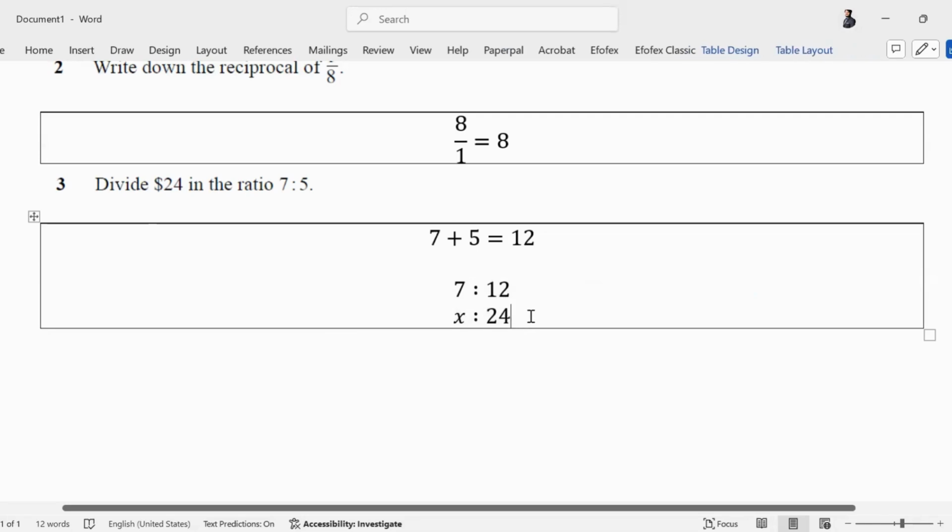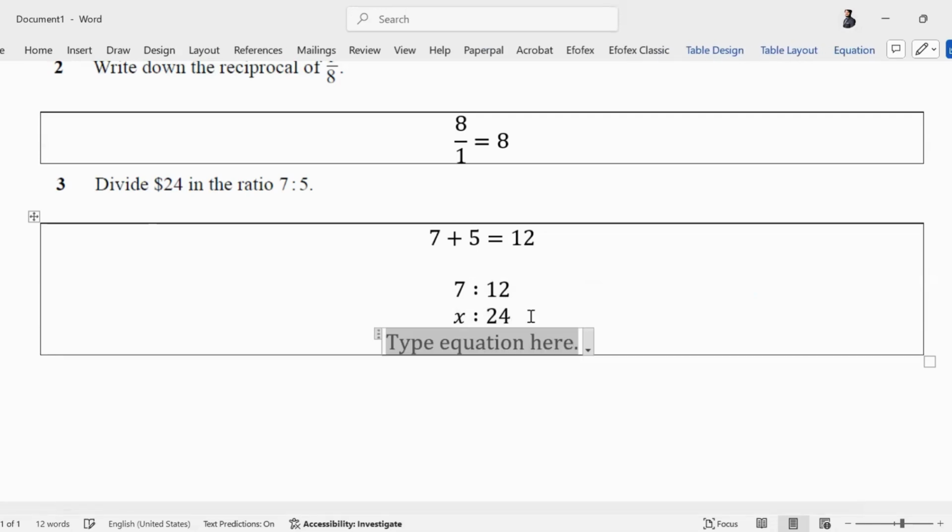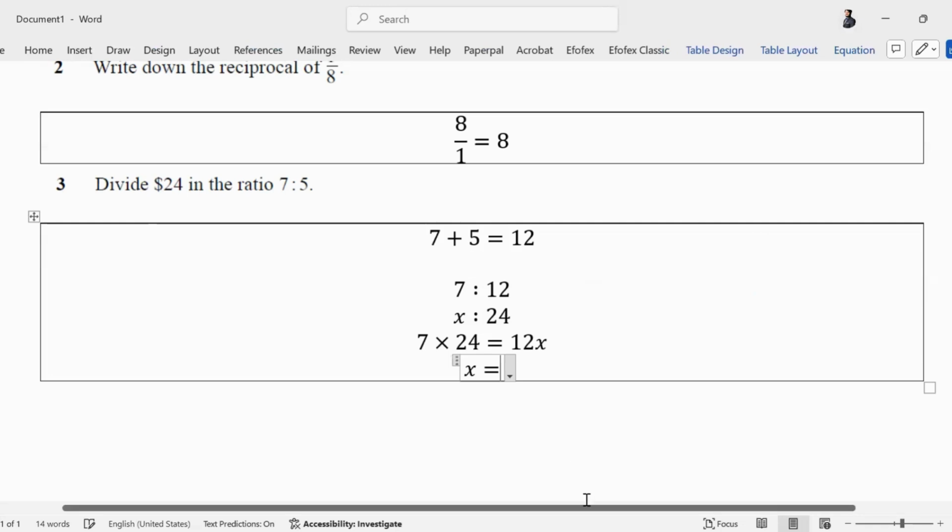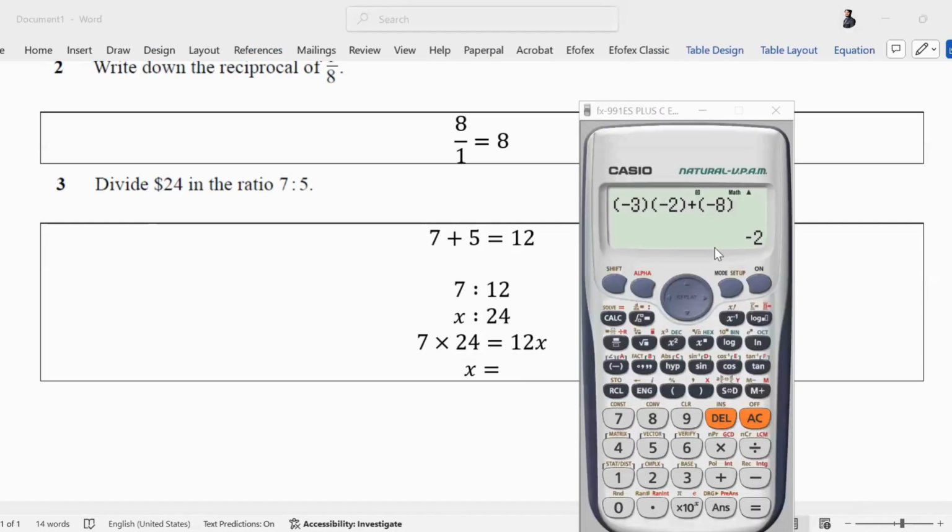So you can just use a calculator, cross multiply. 7 times 24 is 12x. 12 goes on the other side and divides. There was a very easy method to do this as well, but I'm addressing specifically those students who are unable to do very basic calculations. 7 into 24, and then divide the entire thing by 12, and your answer is 14.